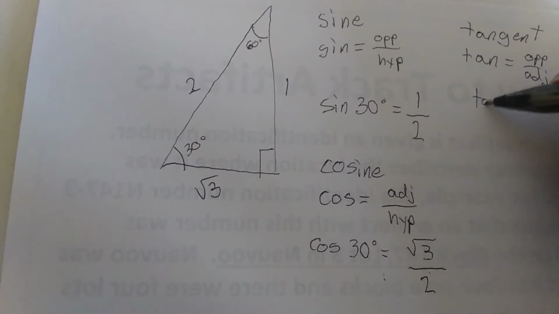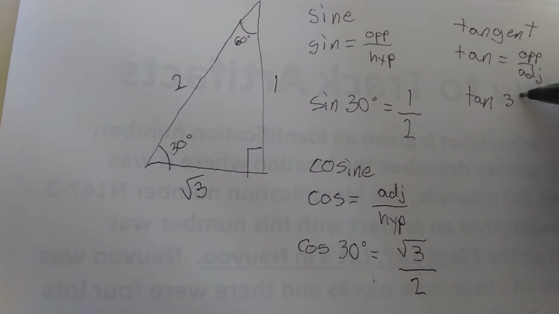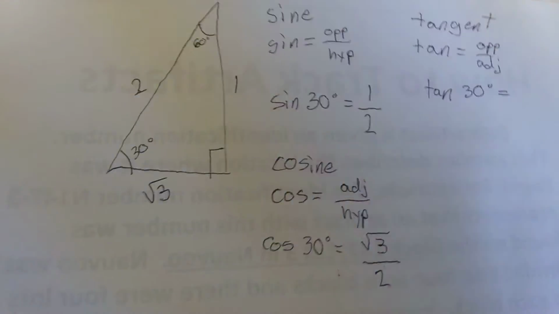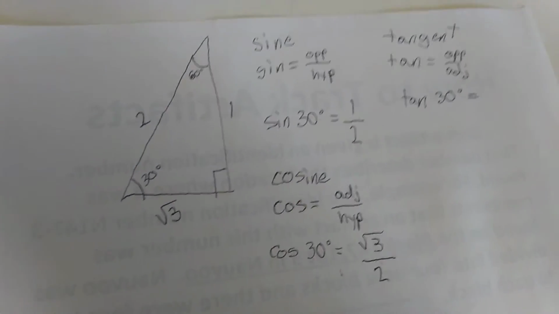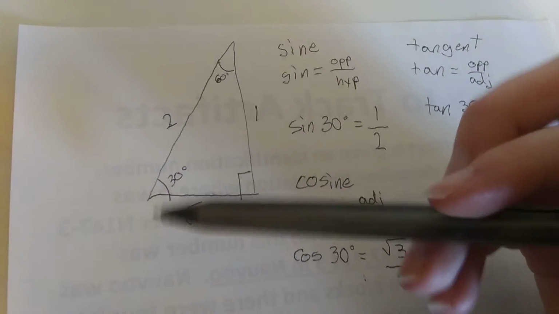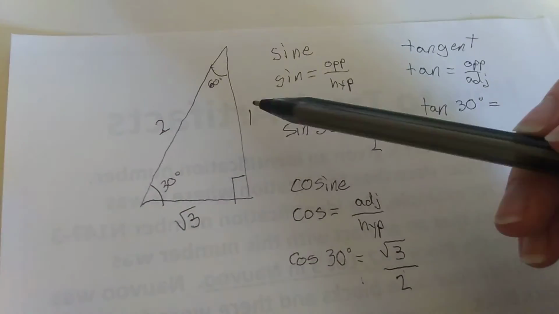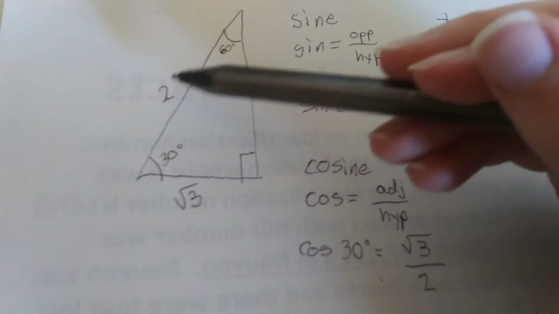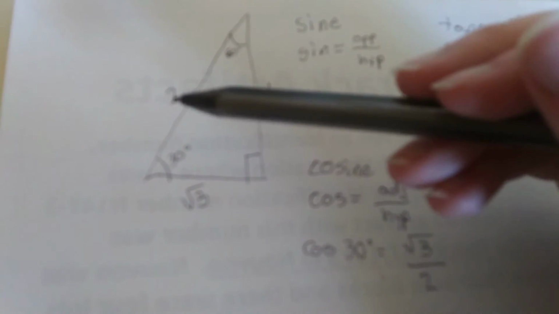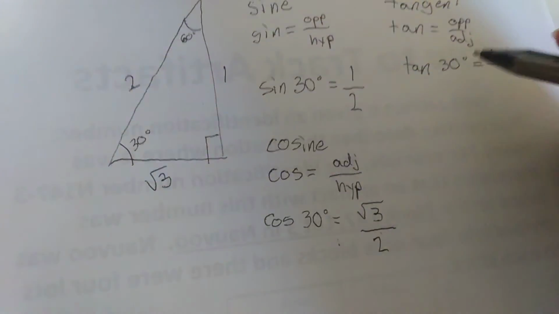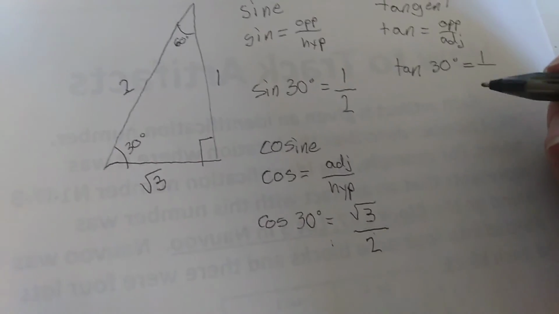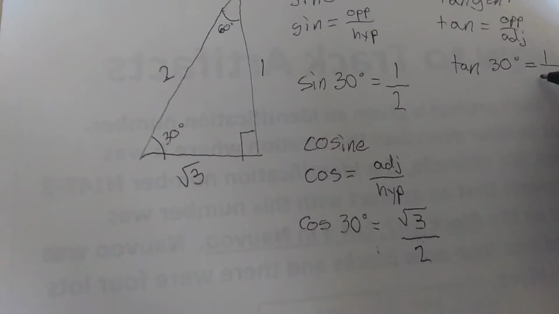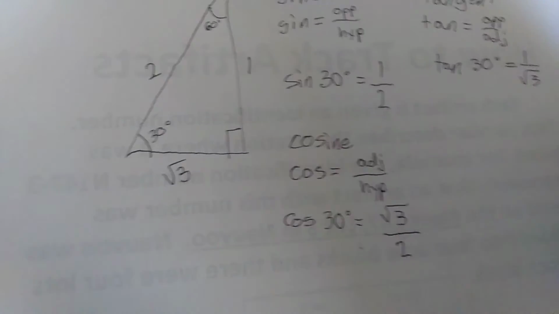So if you wanted tangent of 30 degrees in this triangle, you would just look at the opposite one, that's 1. And then the adjacent is not the hypotenuse, so it must be square root of 3. Tangent of 30 degrees in this triangle is square root of 3.